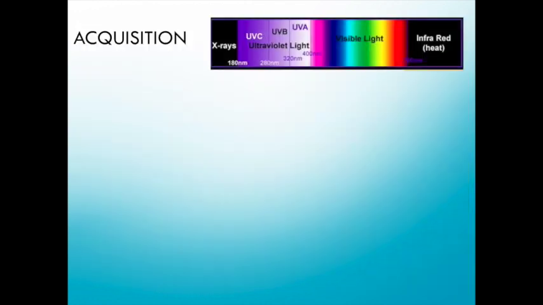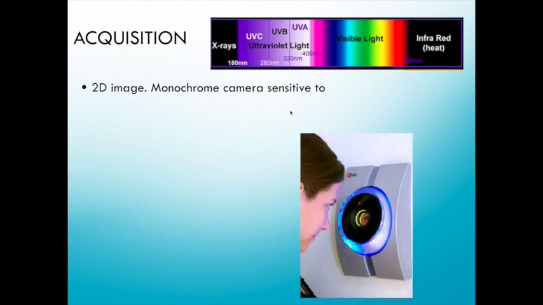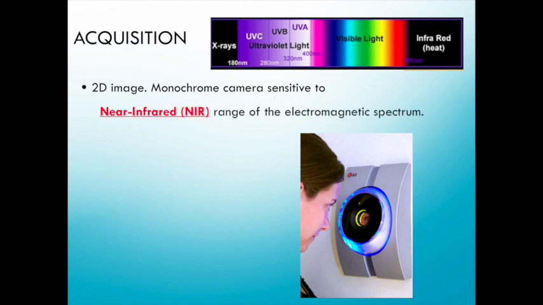Now, acquisition, just to hammer the point that it's infrared light used because it emanates heat. This is a way of giving a more detailed image than you would otherwise get with visible light. A two-dimensional image, monochromatic, camera sensitive to near infrared light is used.